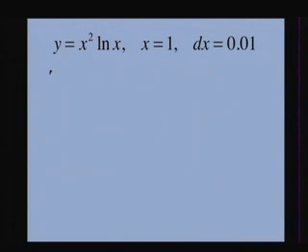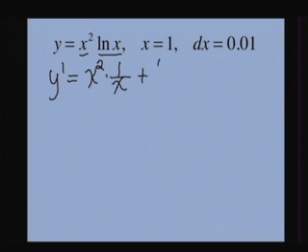So the first thing we want to do here is to calculate its derivative. The first derivative of x squared log x means we have to use the product rule because we're multiplying two functions. So we take the first function times the derivative of the second function, and then add to that the second function times the derivative of the first function. So this is my dy/dx, my y prime.